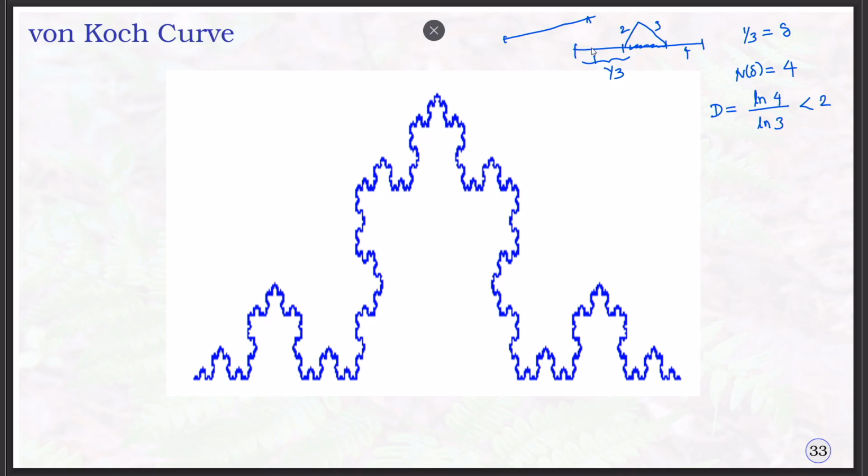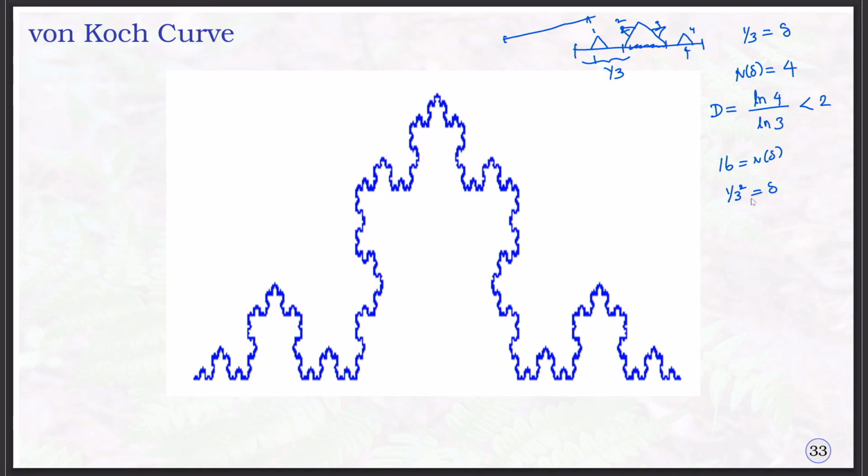The next process will produce 4 line segments on this side, 4 line segments on this side, 4 line segments on this side, and 4 line segments on this side. So, 1, 2, 3, 4, each will produce 4 segments. So it has 16 boxes of size delta equal to 1 by 3 power 2.